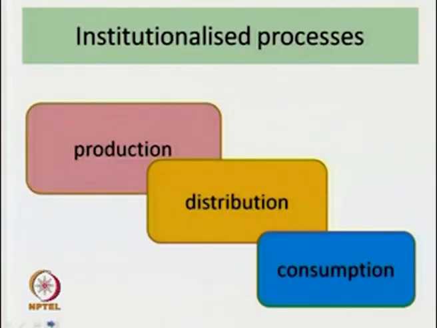Then we also looked at how we end up consuming ideology. We have to remember that before consumption of these views, ideas, values, and meanings, these have to come to us. And how do they come to us? They come to us through certain institutionalized processes that have to do with the production of such meaning, values, and ideas in the first place. Then there has to be a system of distributing them.